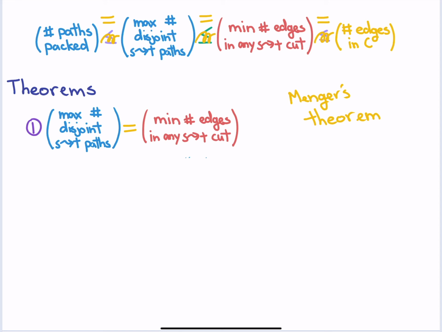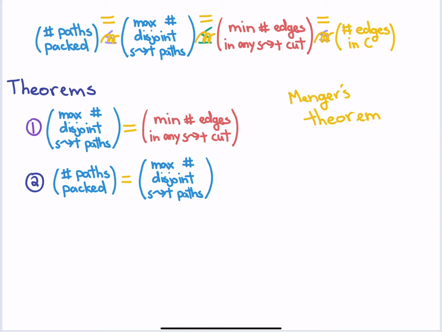Okay, the other 2 theorems are a little bit more algorithmic. The first is that this algorithm by Ford Fulkerson that just iteratively chooses paths, and the only difference is it adds the reverse edge back to the graph. So it's a greedy algorithm, but with a residual graph. This algorithm does get you the optimum number of edge disjoint S to T paths.